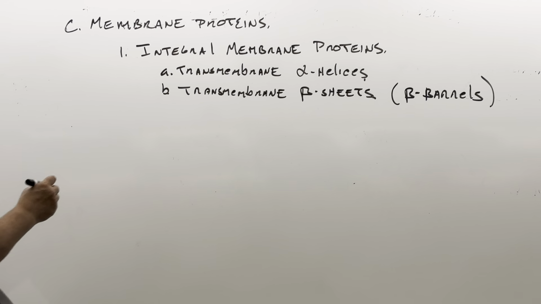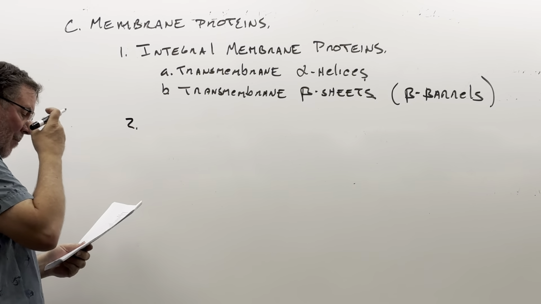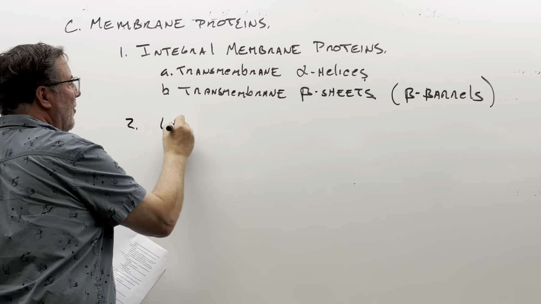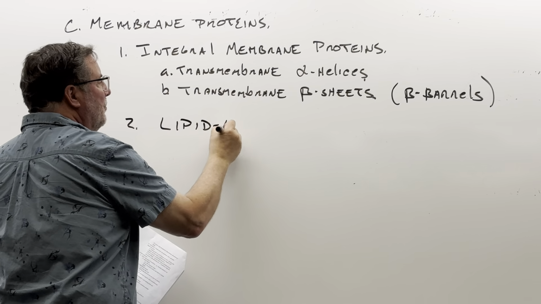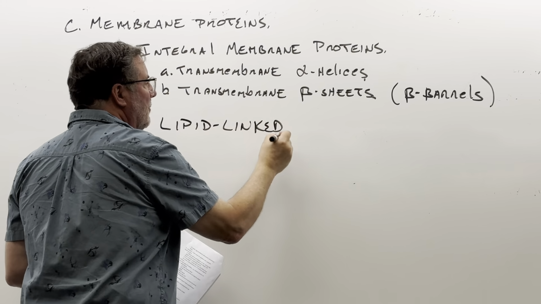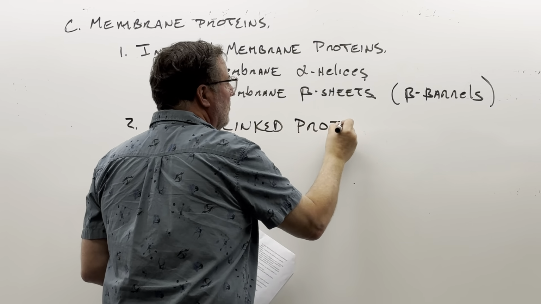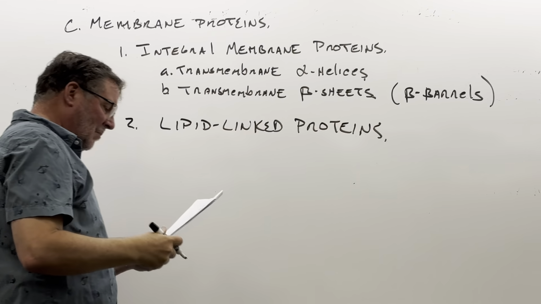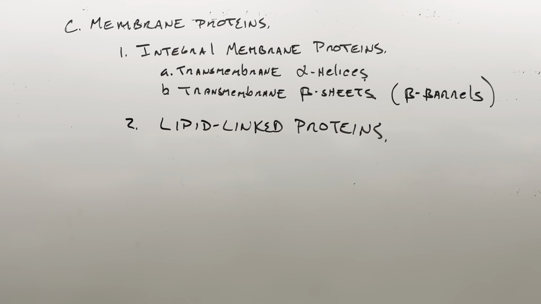The other way proteins can be associated with the membrane are lipid-linked proteins. And in a lipid-linked protein, an amino acid will be modified to actually add a little bit of a hydrophobic section, either a fatty acid or a little isoprenoid tail.